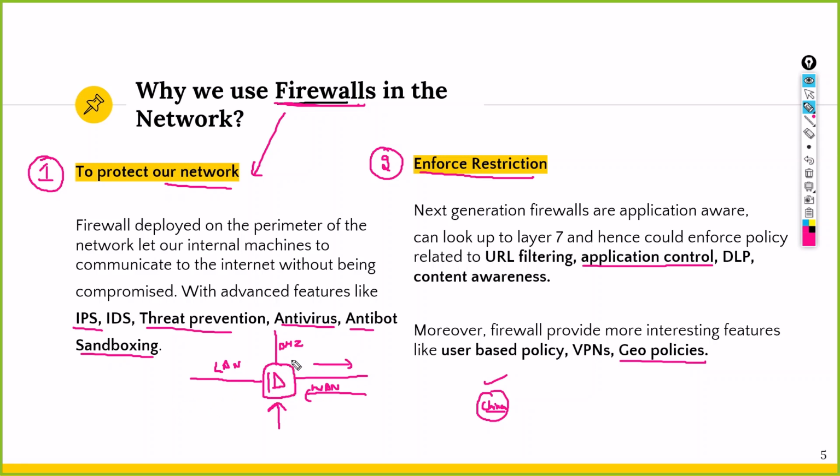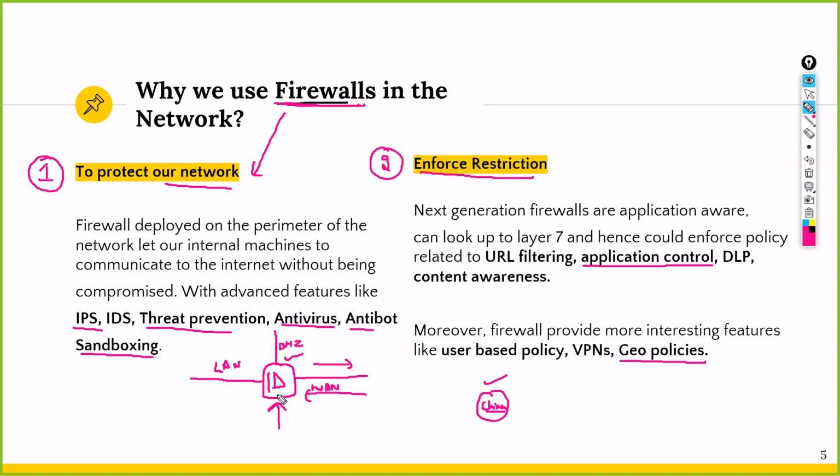Even the firewall is that smart. On Facebook, you can just block Facebook posts or Facebook games. The rest of the activities you can do on Facebook, but things like posting a picture or posting a video, you won't be able to do, because it is application aware.